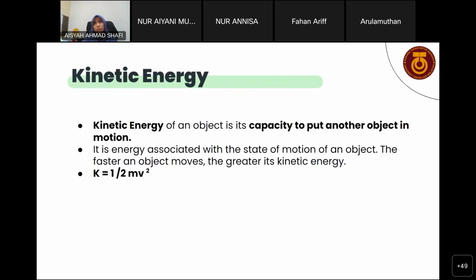The formula of the kinetic energy is half mv squared. So if the mass is higher, the kinetic energy is higher, and if the velocity is higher, the kinetic energy is greater.